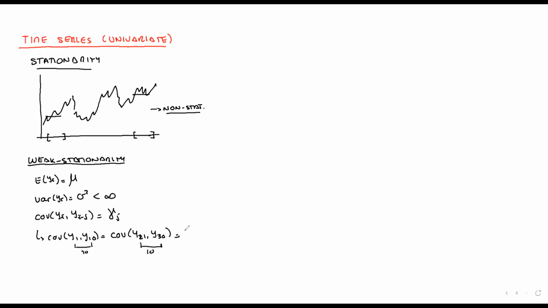And in this case, my covariance is going to be called gamma 10. Got it? Then, guys, I talked in the video about ways of finding correlations, autocorrelations. I talked about the Ljung-Box, the Box-Pierce, etc. And then I started talking about a couple of models.